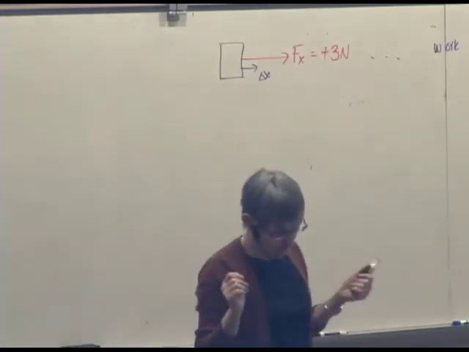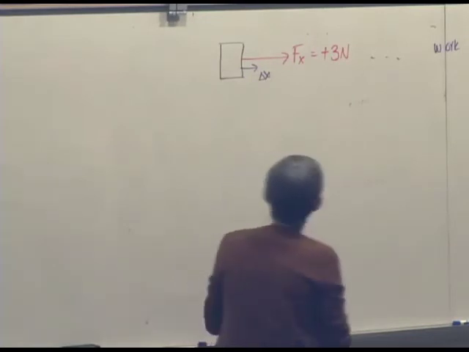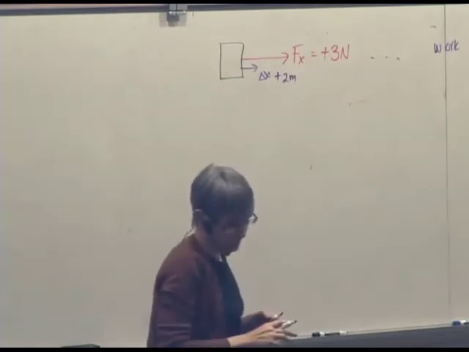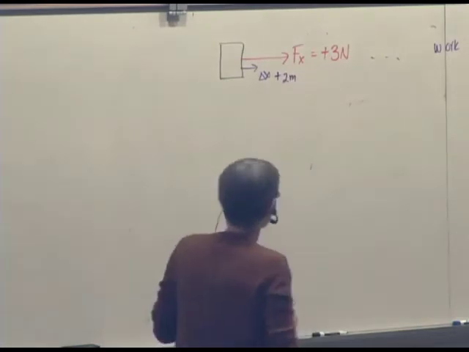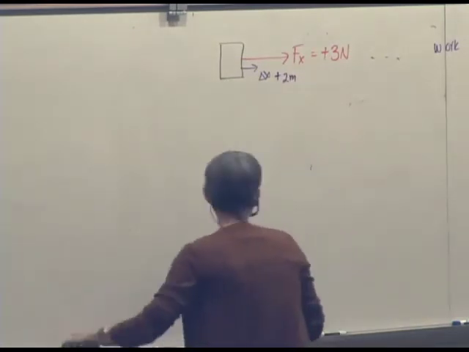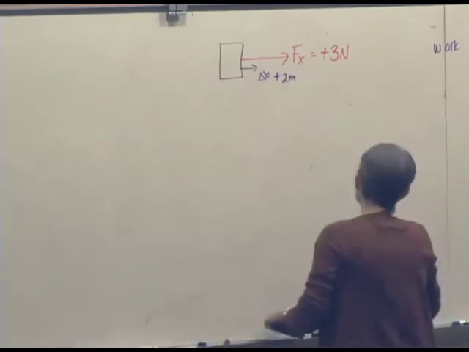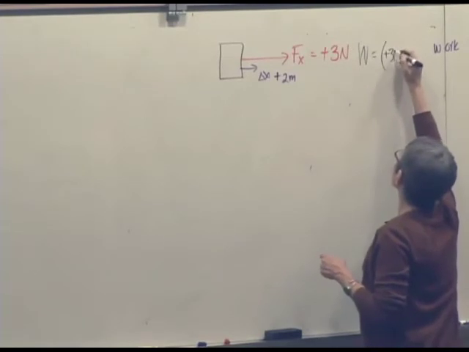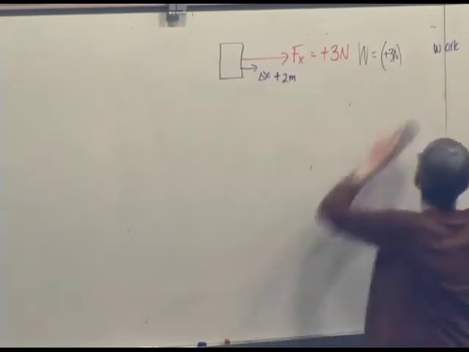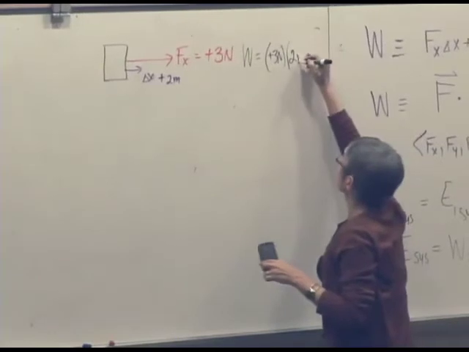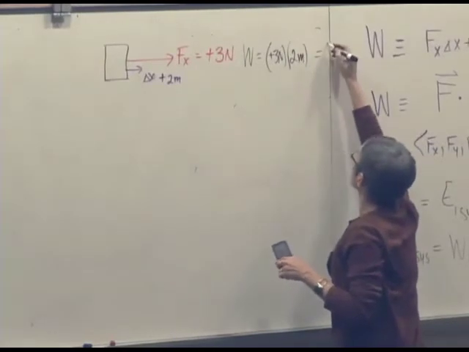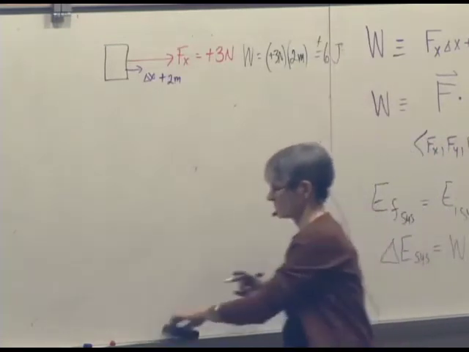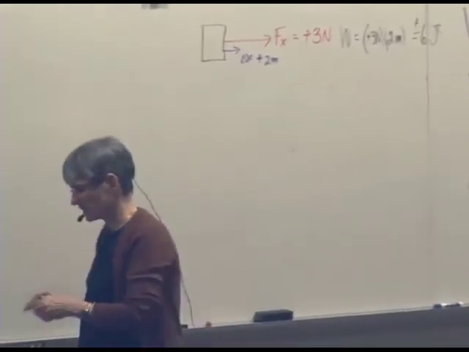And delta x, which of course is x final minus x initial, that's plus 2 meters. And so the work done here is going to be 3 newtons times 2 meters, 6 joules, so joules is a newton meter, that's positive, so that didn't come out negative.